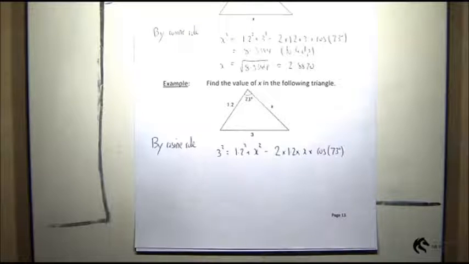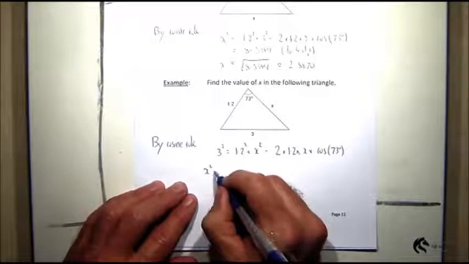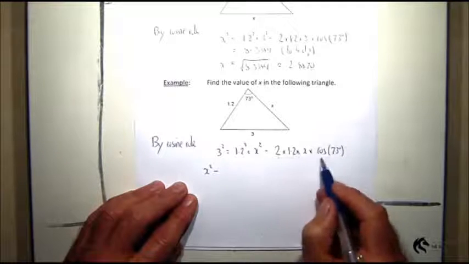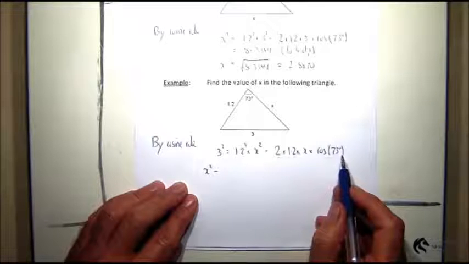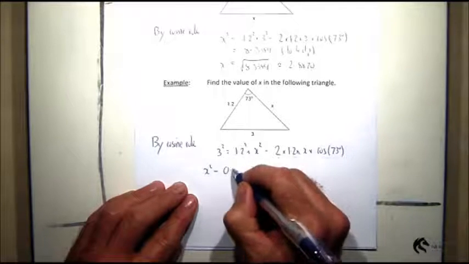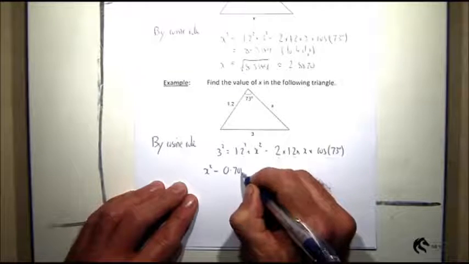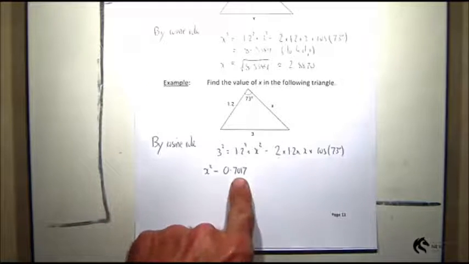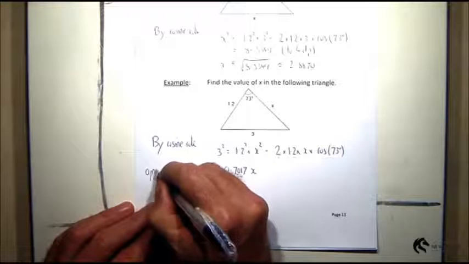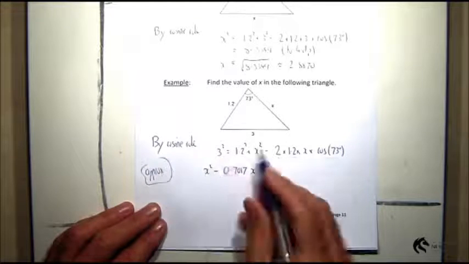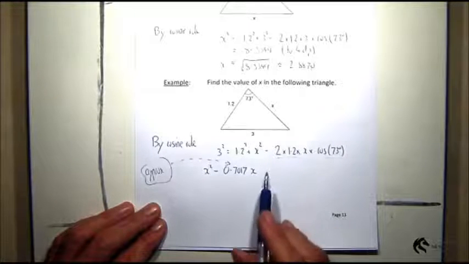So when I rearrange this, I will have x squared minus, now I work out 2 times 1.2 times cos 73, and when I do that I get something like 0.7017, and that's just an approximation in there, x. So that is just an approximate value for that coefficient sitting in there.